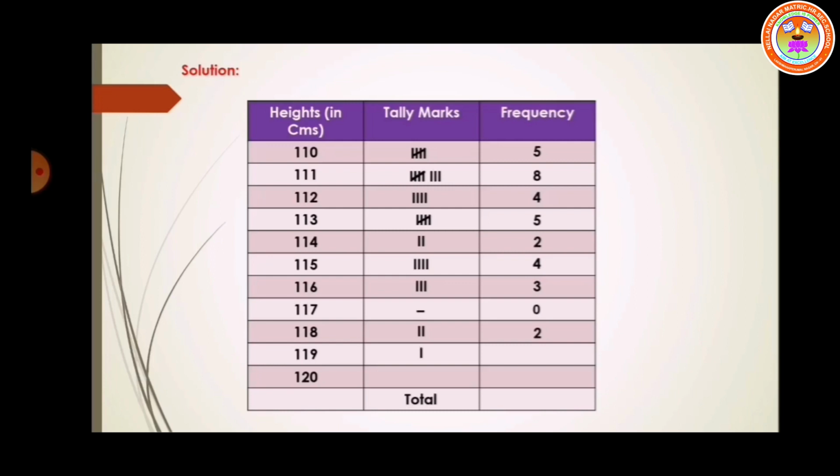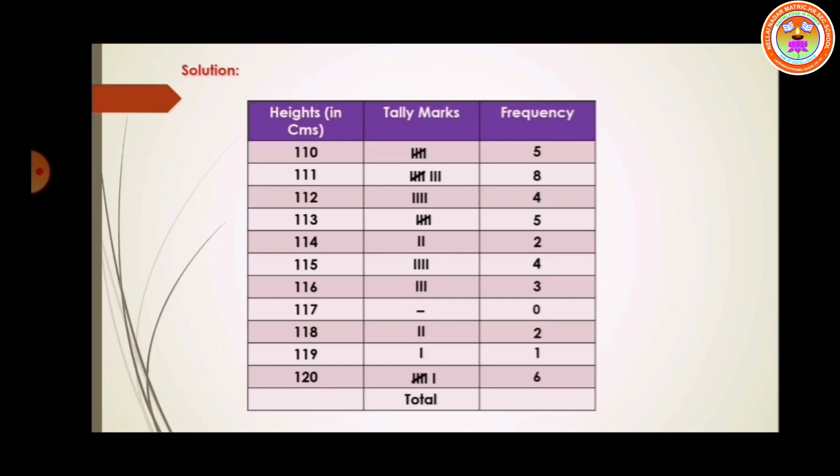For 119 centimeter the tally marks only 1, frequency 1. The last one, for 120 centimeter the tally marks 6. So you have to draw 4 vertical lines, then cross the 5th line. Next you draw 1 vertical line, the frequency 6.